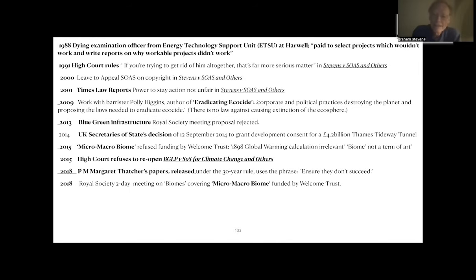And secondly, they said, well, biome is not a term of art, so we can't really fund something that's not scientifically valid. But I think that's a fairly weak excuse for not funding the program.